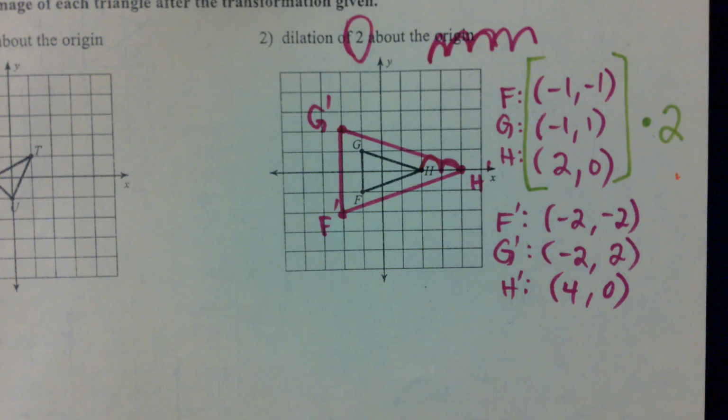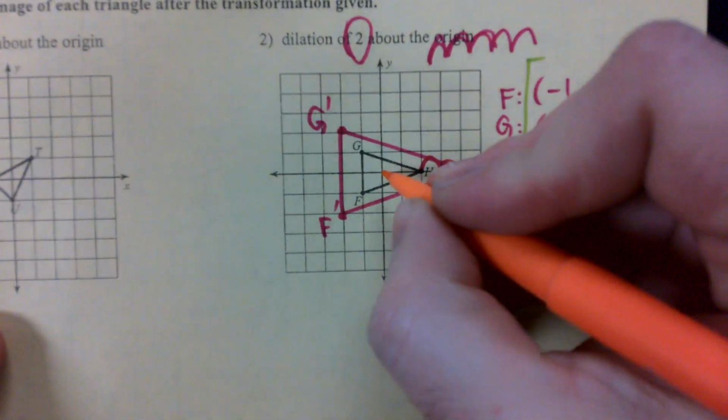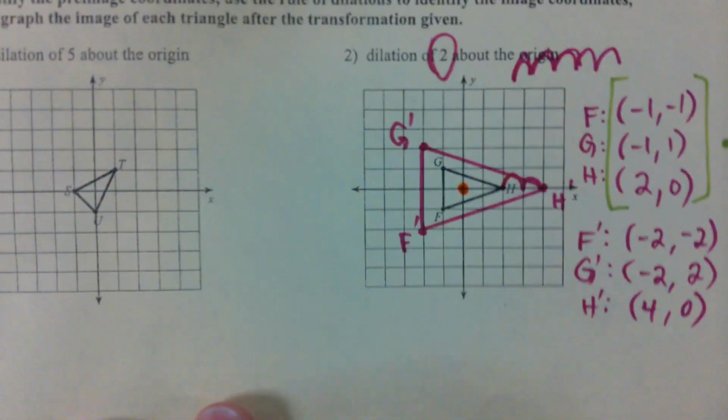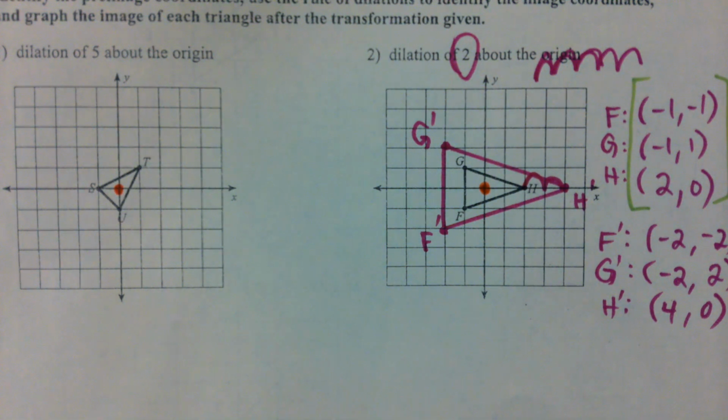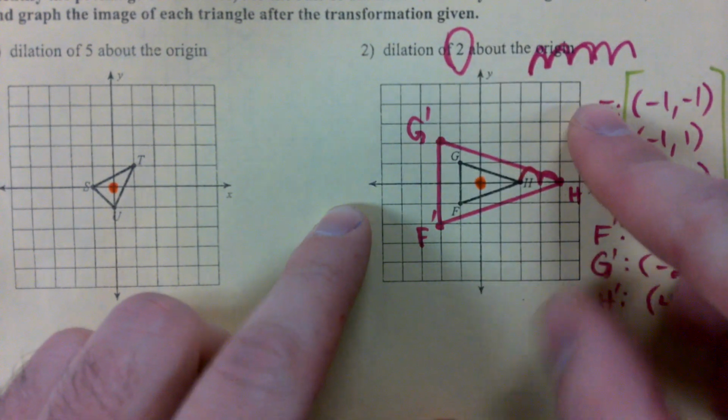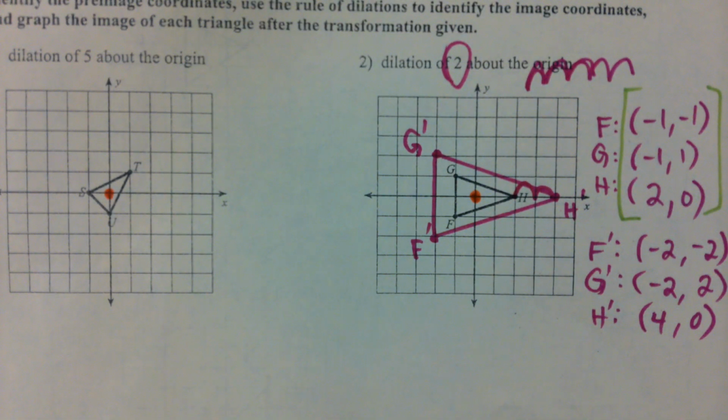It all depends on where the triangle's at on the graph. What I mean by that is, if your pre-image triangle encloses the origin, like in number 2, and right here in number 1, you're going to see the larger triangle completely surrounding the smaller triangle. Do you guys kind of see what I mean by that?